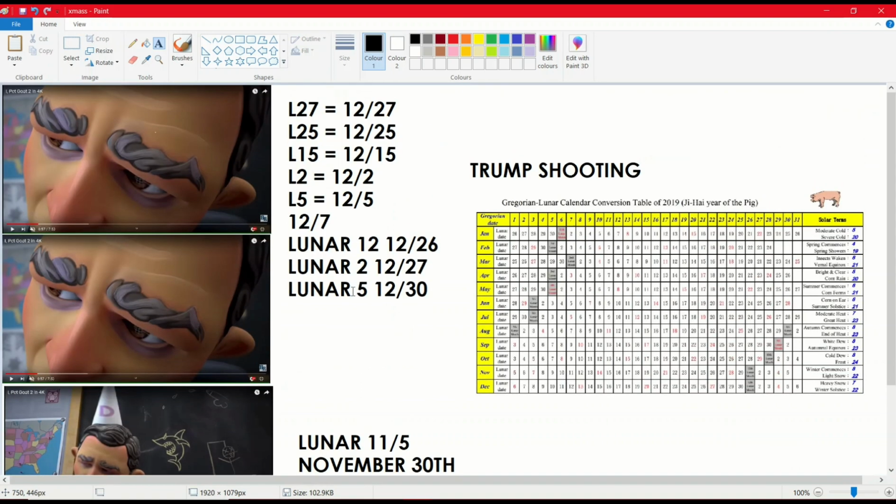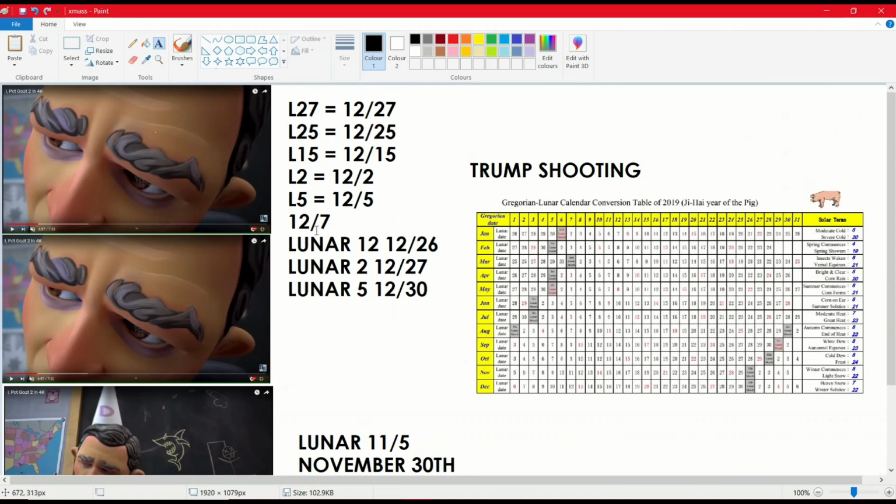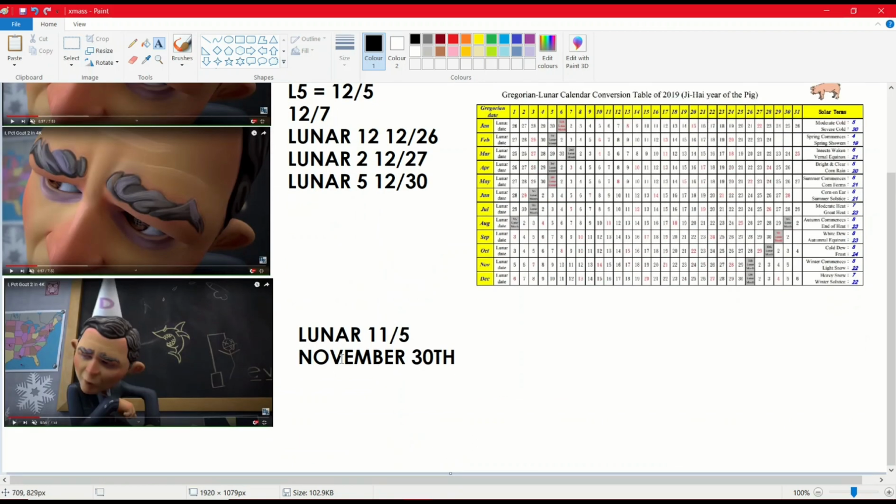So those are all the dates that I can interpret from the eyebrow and from the hair. Two dates jump out twice, December 27th and December 25th. However, as mentioned, there are other dates to look out for, the earliest of which is November the 30th, the 11th lunar month, and the 5th lunar day.